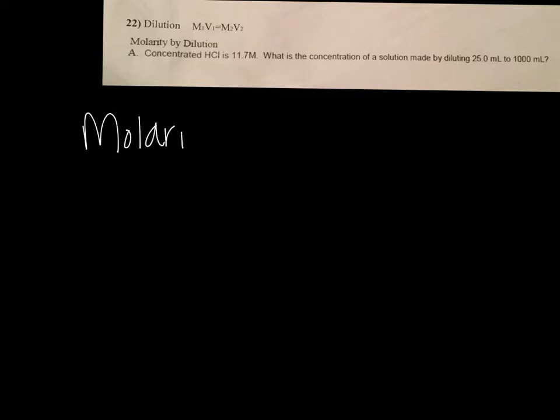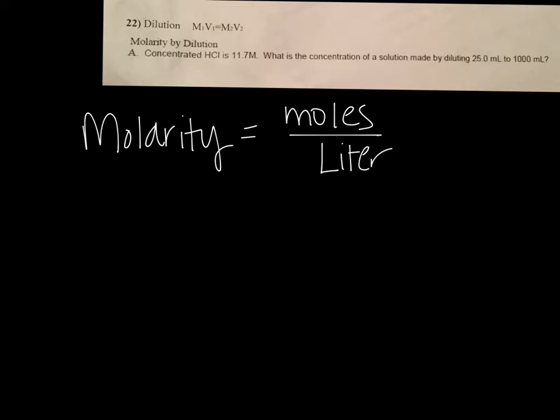Molarity is a measurement of moles of solute per liter. Okay, moles per liter. It's not per milliliter, it is per liter. So the key thing here is making sure your volume is in liters, making sure your units are in moles for the top guy, okay? When you are solving for dilutions, you can kind of see the M1V1 equals M2V2.